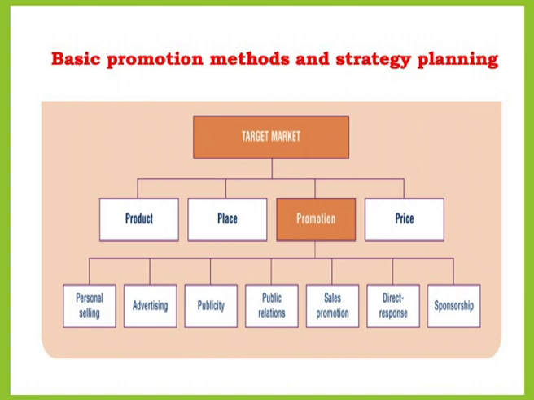The second element is sales promotion. The third one is personal selling. The fourth one is publicity and public relations. The fifth one is direct marketing. Apart from this, you have multiple other smaller elements such as events and sponsorship, which will come into the picture. But the basics are these five elements which help the company to promote a product. So let us discuss these elements one by one.